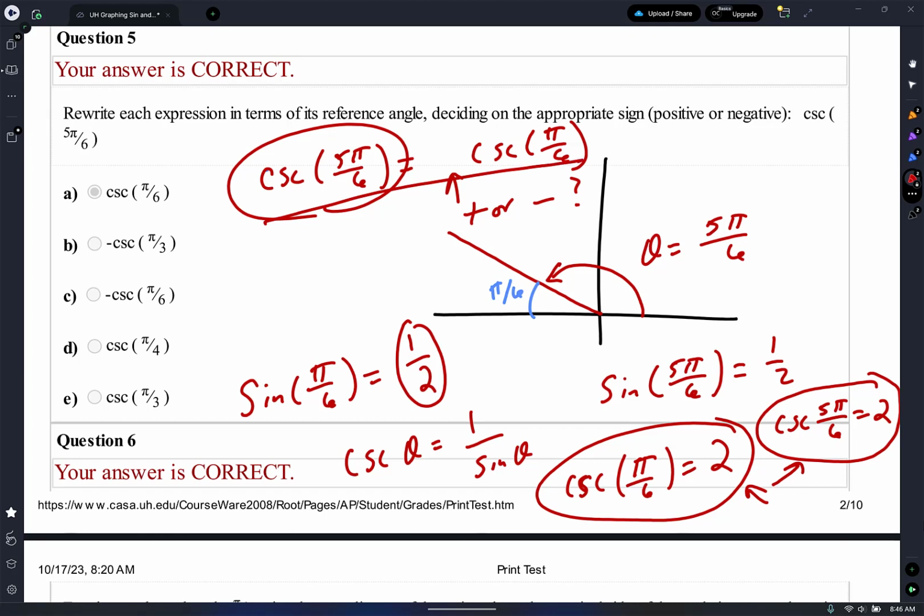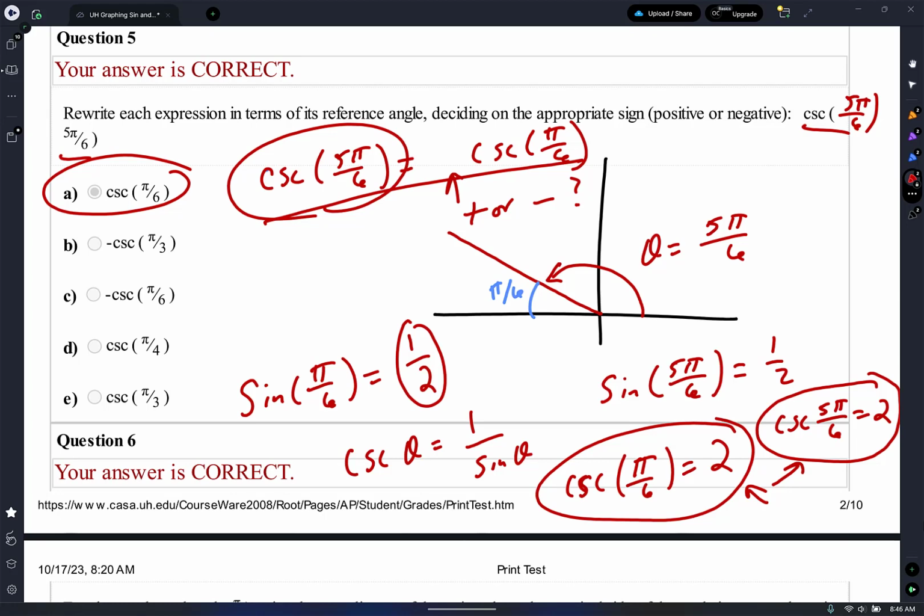They're the same. So if I just use pi over 6 as my reference angle, cosecant pi over 6 is the same as cosecant 5 pi over 6. They're equivalent. All they're asking is, can you give me cosecant of pi over 6 and tell me whether it's positive or negative? It would have been negative if I had been in quadrant 3.